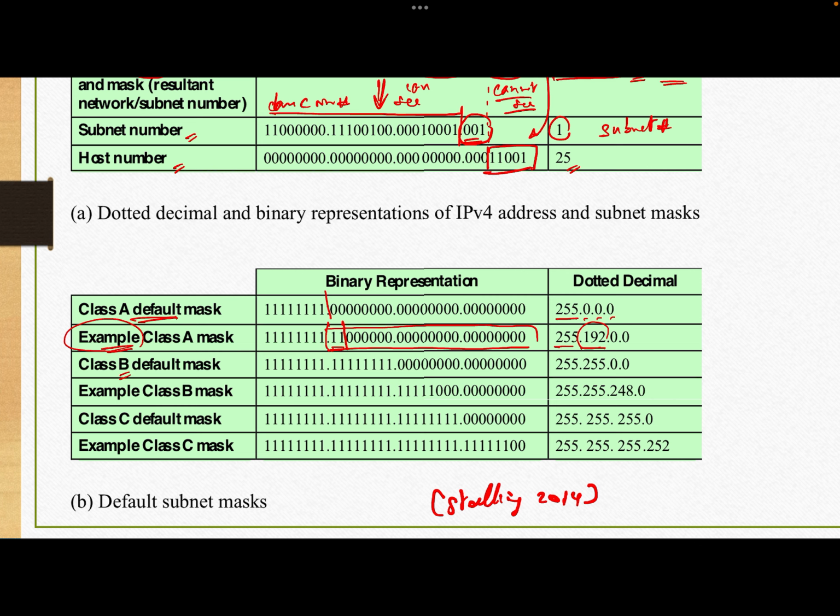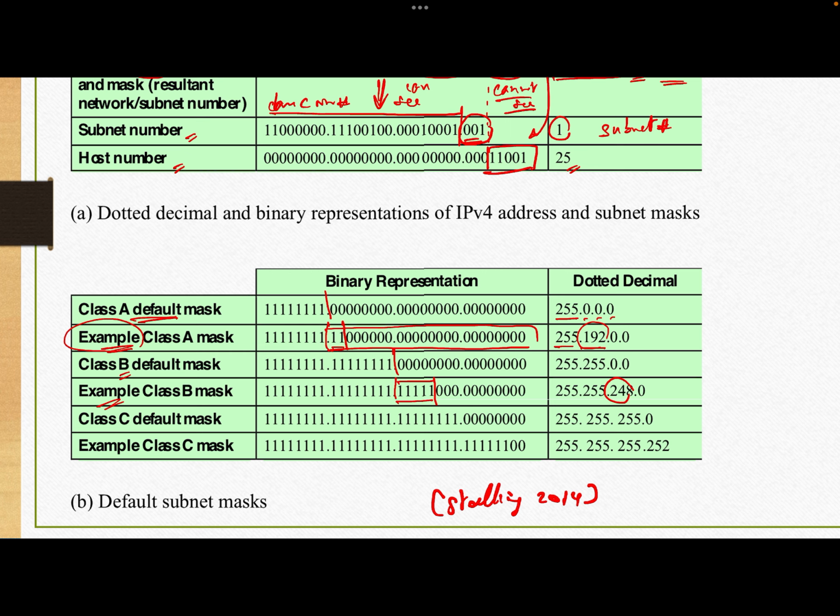For class B, you have the default, the first 2 bytes. The example is you have the first 2 bytes and then you extend. This is the example of a class B mask. So you have 248, if you have 5 bits as the subnet number mask, the mask for the subnet.